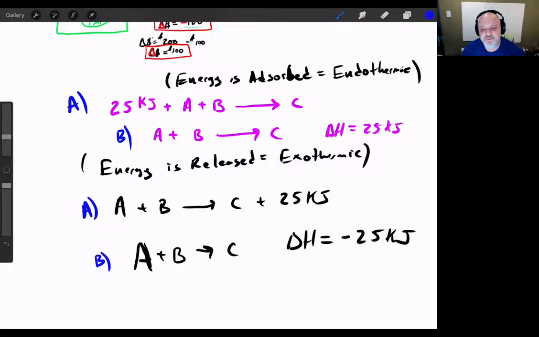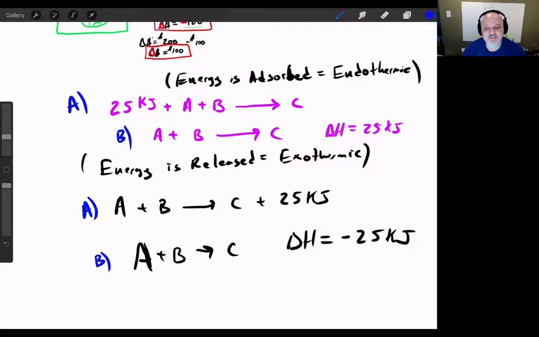If it's exothermic and you're using method B to express the thermochemical equation, then yes, it'll always be negative. But if you're using method A to express the thermochemical equation, then it's never negative no matter what.